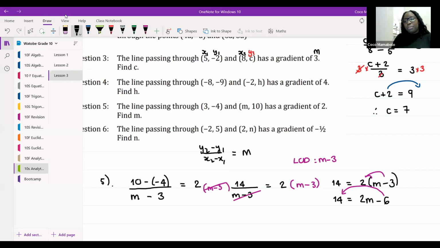So I'd get 14 plus 6 is 20 is equal to 2m. Therefore, m is equal to 10. Okay, so I would divide both sides by 2. Divide by 2, cancel, cancel. M is equal to 10. Now, give me a thumbs up if you managed to get this one correct. Give me a thumbs down if we didn't quite get it.